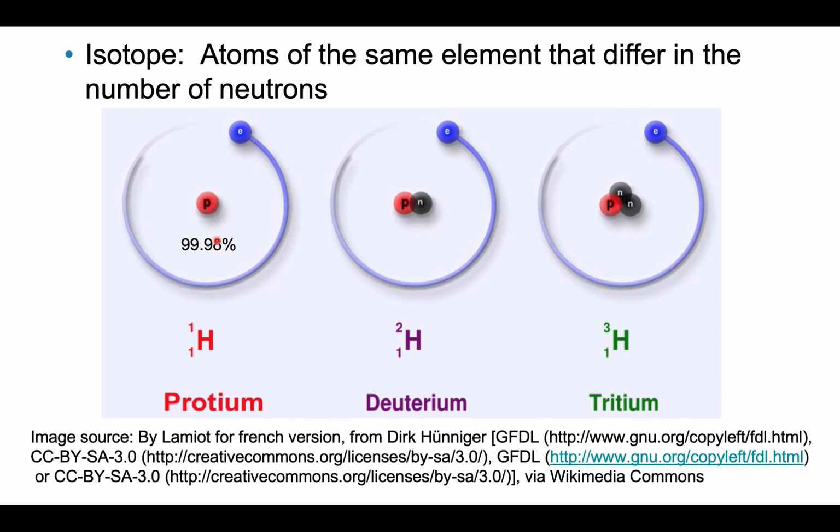So hydrogen, let's say deuterium, it takes many, many years for it to decay into hydrogen. For an atom of phosphorus, for example, you have P31 and P32. These are the two different atomic masses that you have.